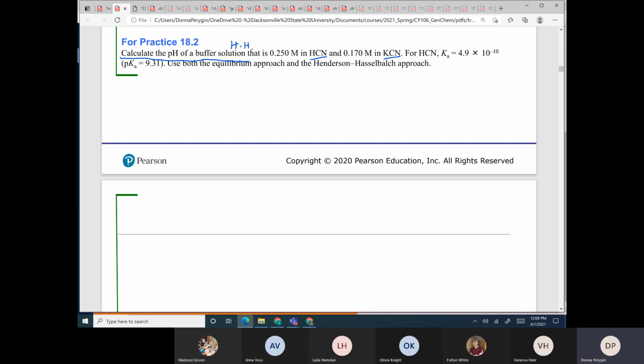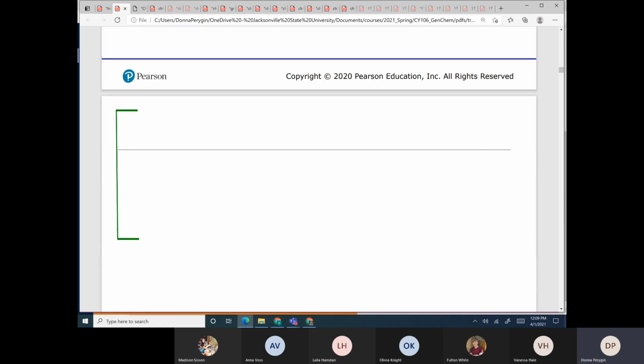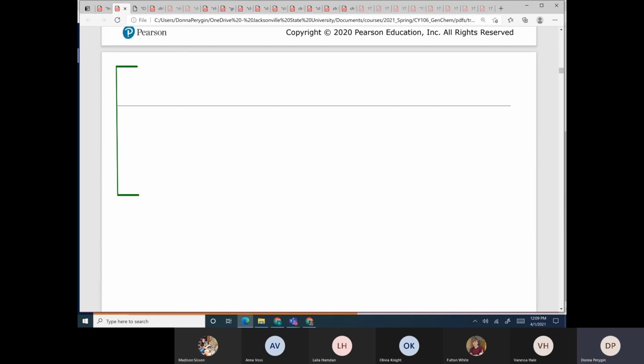For HCN, the Ka is equal to 4.9 times 10 to the minus 10th, very low, so you can assume your x's small approximation is valid if you need it, right? So that means the Henderson-Hasselbalch approach is going to work. Remember, we talked about that. So it says to use the equilibrium approach and the Henderson-Hasselbalch approach. In this case, they went ahead and gave us the pKa of 9.31, so we wouldn't have to calculate that. So if we want to use the equilibrium approach, let's write our equation down.